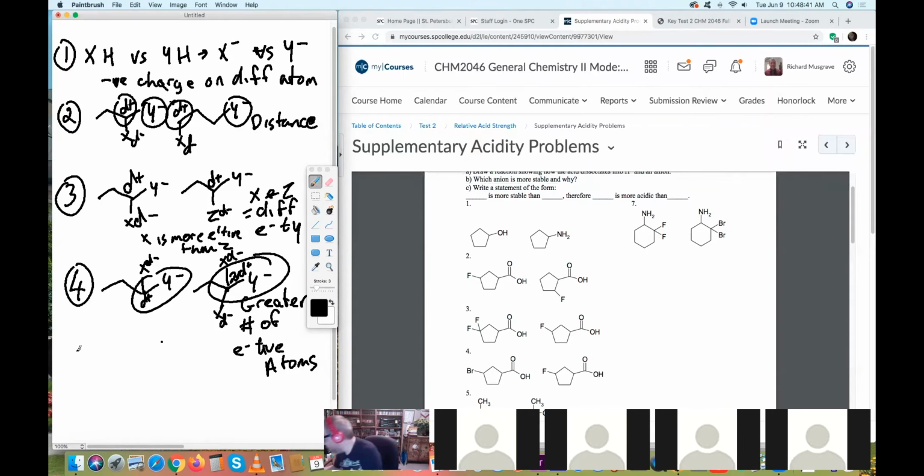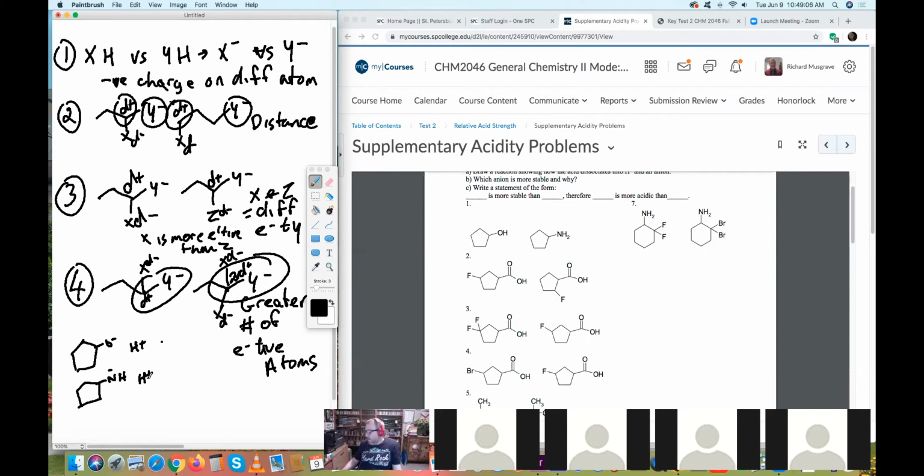Let's look at the first one then. I think what I would do, and I am shortcutting it a little bit here, is split out what the anions look like for each of them. To form the anion, all you have to do is remove H plus from it, and then the negative charge forms wherever the H plus is removed.